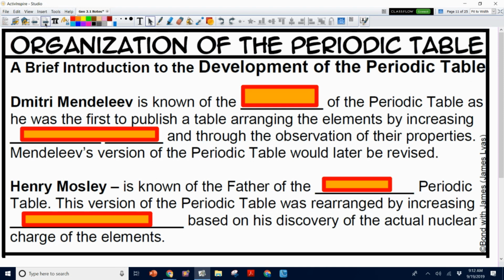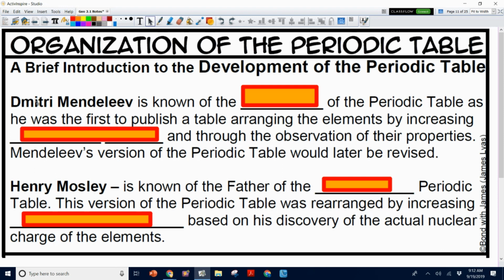There's many scientists who worked on developing the periodic table. There's a couple that they talk about when you do your reading in the book. But Dmitry Mendeleev is the scientist who is given the most credit because he came up with explanations about the periodic table.